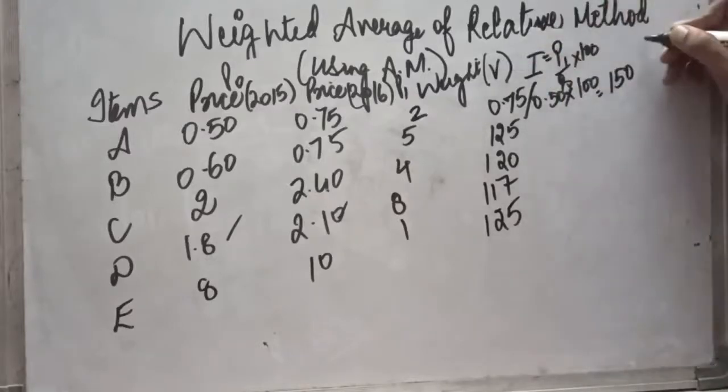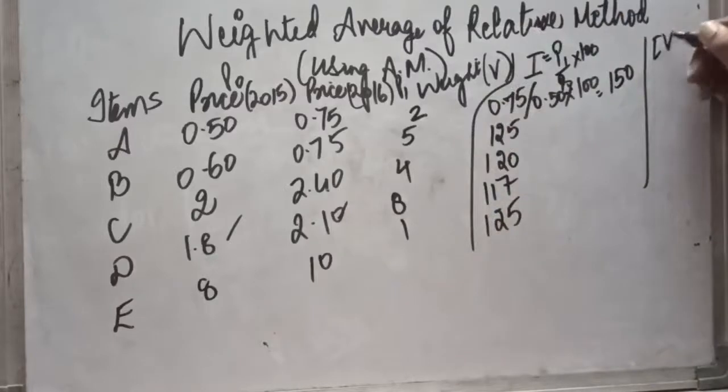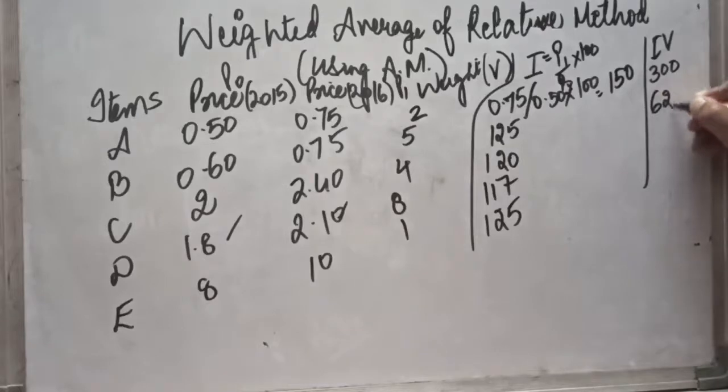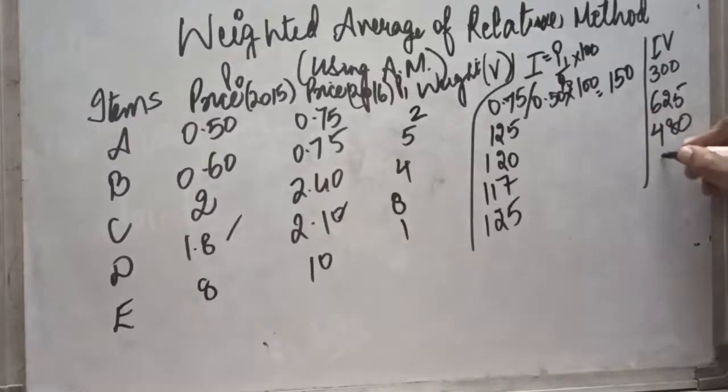V is already there. The last column we will be creating is IV, because in the formula we will be requiring it. I and V will be multiplied. So 150 multiplied by 2 is 300. 125 multiplied by 5 is 625. 120 multiplied by 4 is 480. 117 into 8 is 936. And 125 into 1 is 125.